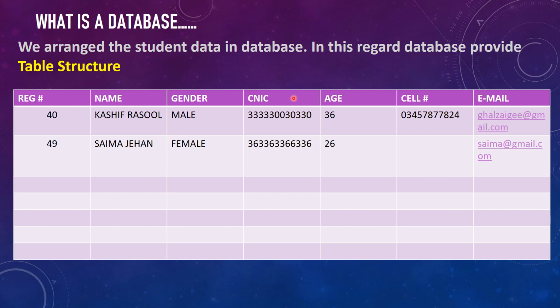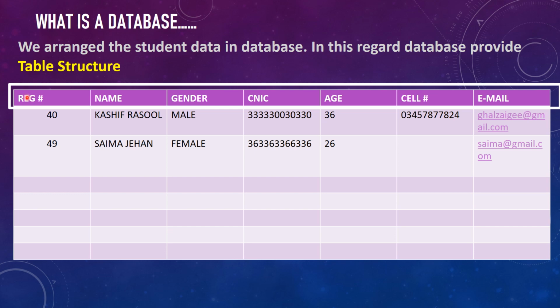Now you can check. Heading names: registration number, name, gender, CNIC, age, cell, email. These are all called field names, and every field name is associated with a specific data type.